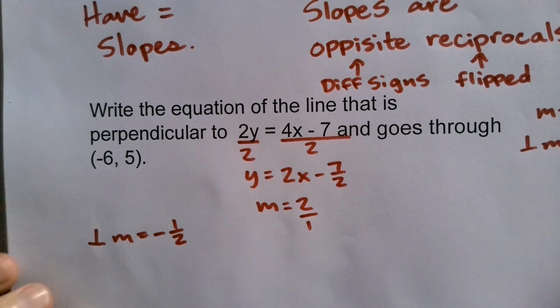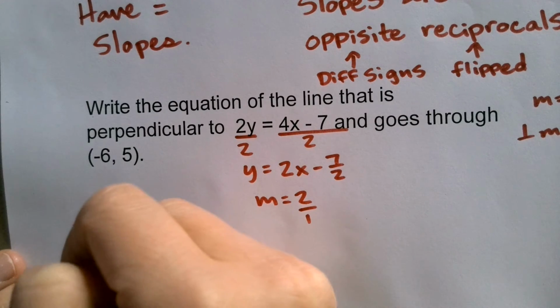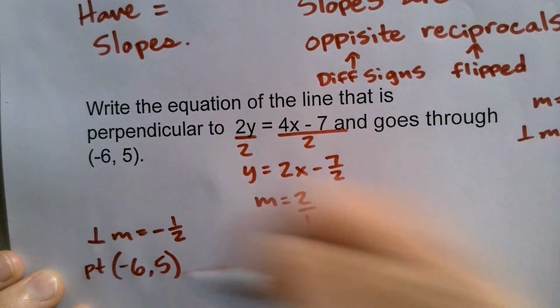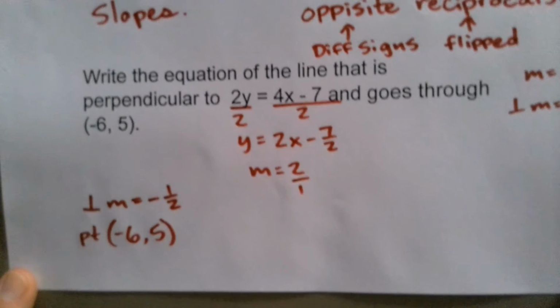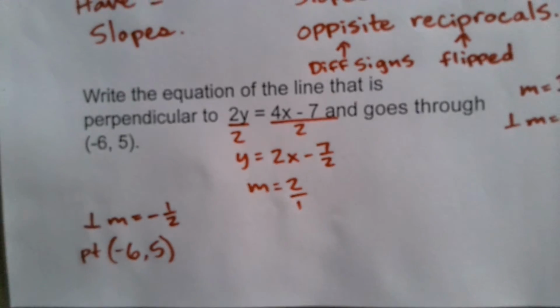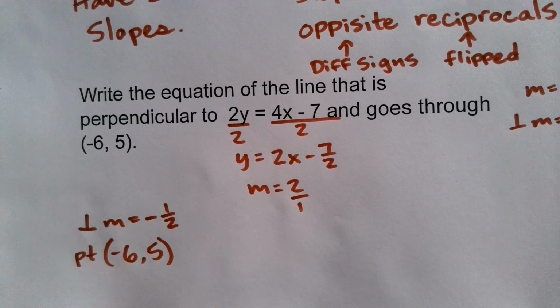Okay. So we've got our slope is negative 1/2 now, and then we also know that the point it goes through is negative 6, 5. So now how do I write an equation with that information? I've got a slope and I've got a point. What type of equation do I want to put it into? Point slope. So I have a point and I have the slope.